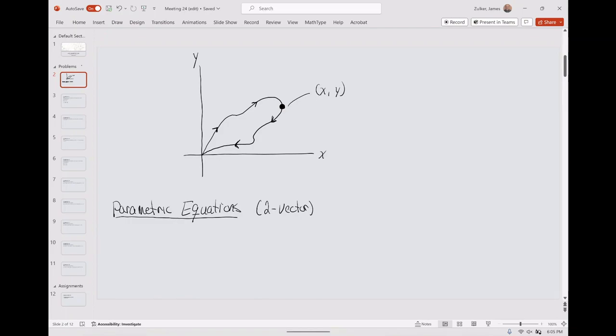But what if we can find a function for both the coordinates? That is, x is actually a function of t and y is actually a function of t. This is the idea of a parametric equation.